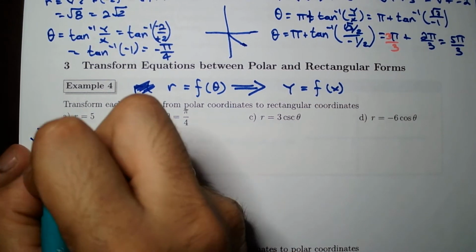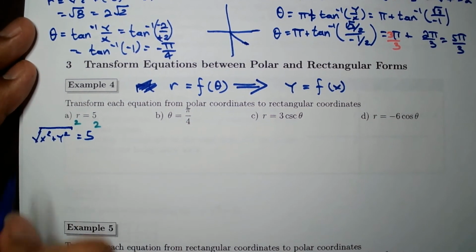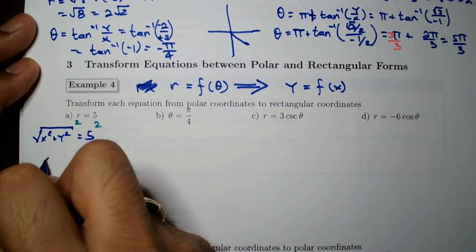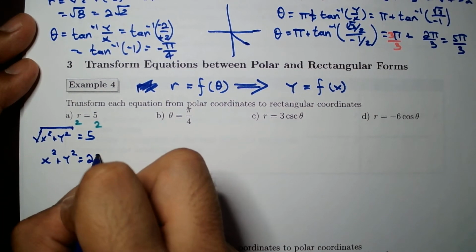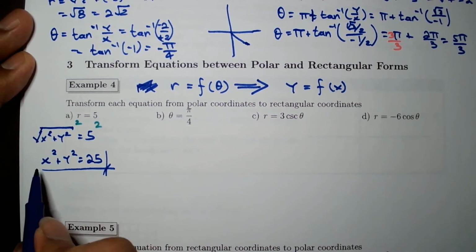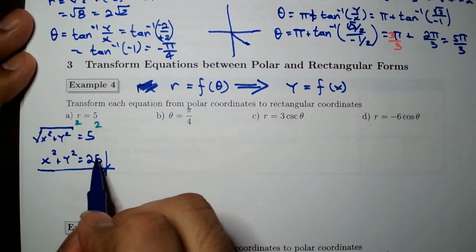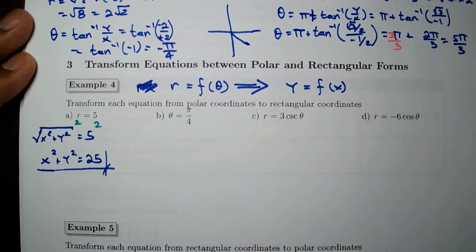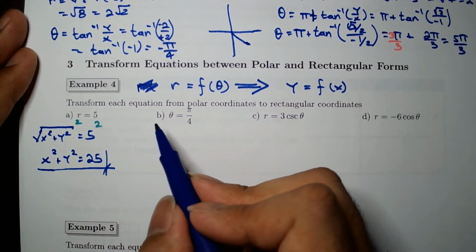And then to solve this equation, well, not rather to solve, because it will be implicit. x squared plus y squared equals 5 squared, which is 25. And if we recognize this is the equation of the circle with center at the origin, it has a radius 5.